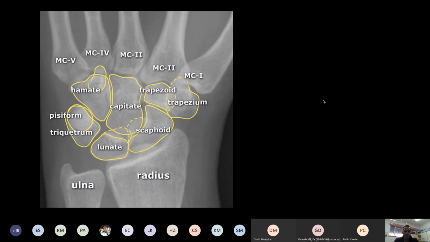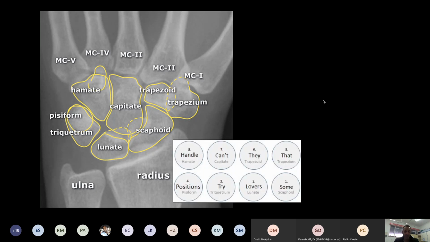So carpal bones, we all learned some variation of a mnemonic in medical school. I learned "some lovers try positions that they can't handle," and that's starting at the scaphoid on the lateral aspect, moving along the proximal row: scaphoid, lunate, triquetrum, pisiform, and then starting at the trapezium at the thumb, and then moving medially as well.